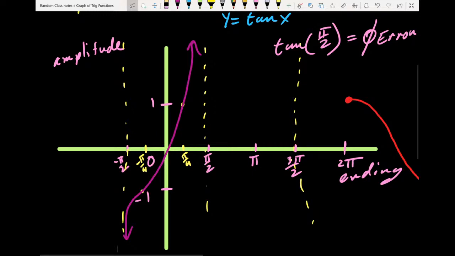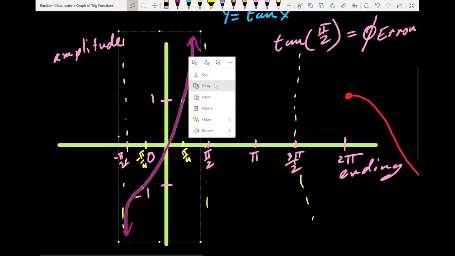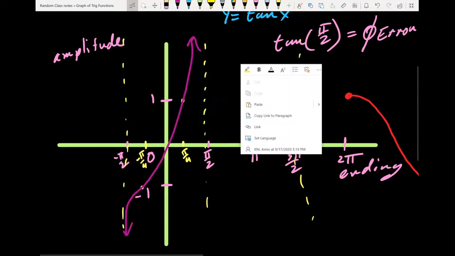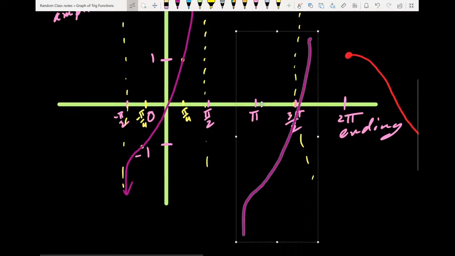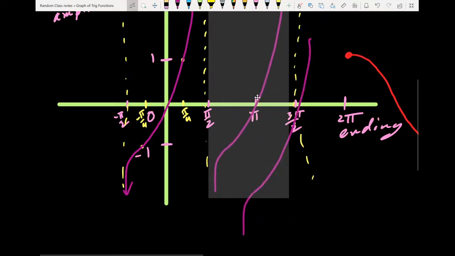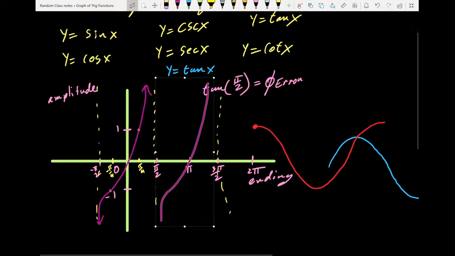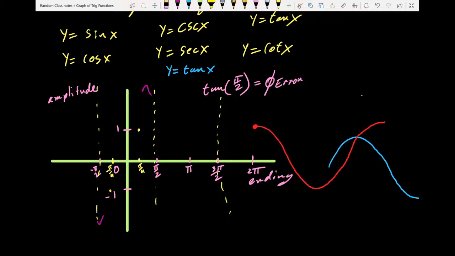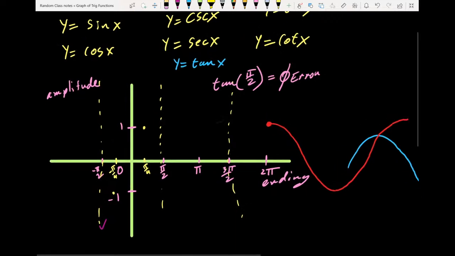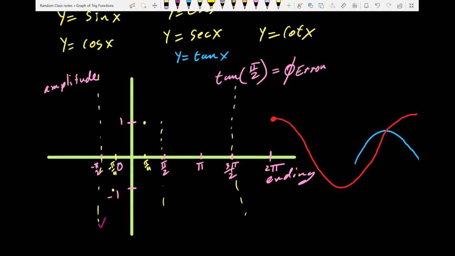Okay? So I could copy and paste it. Do you guys see it? How it repeats itself for tangent? Any question? No? All right. What do you think was going to happen for cotangent function?